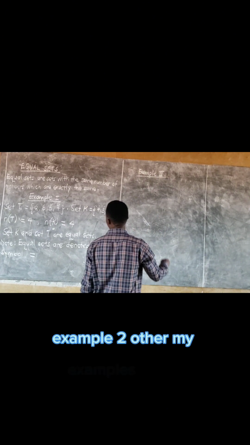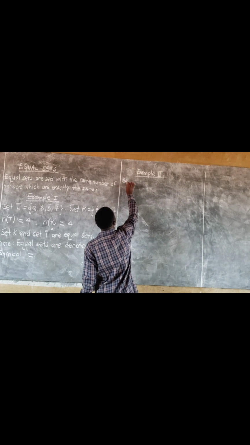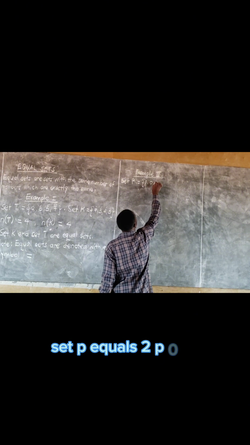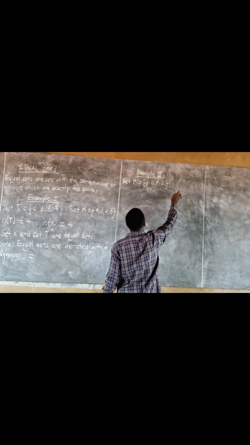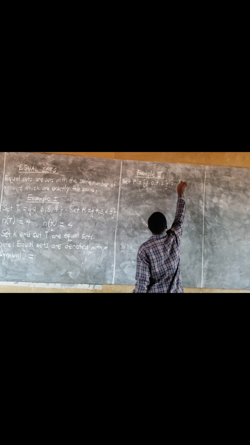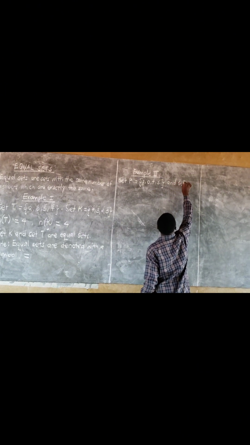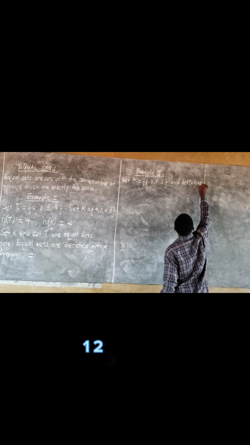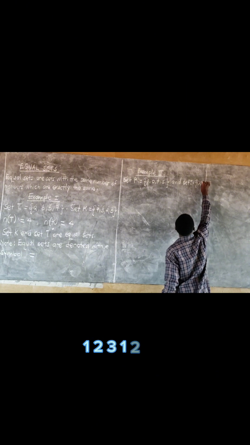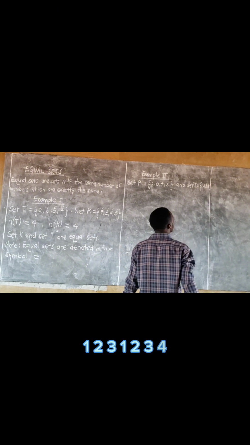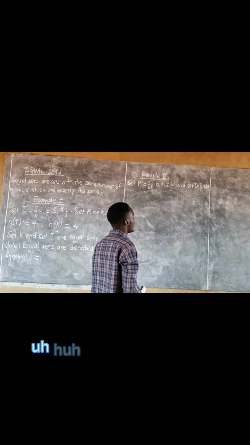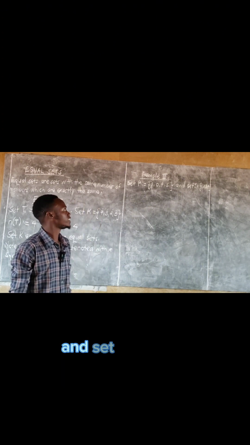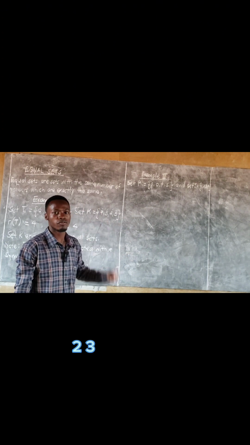Under my example 2, I have set P equals {P, O, T, S} and set J equals {1, 2, 3, 4}. Set P equals {P, O, T, S} and set J equals {1, 2, 3, 4}.